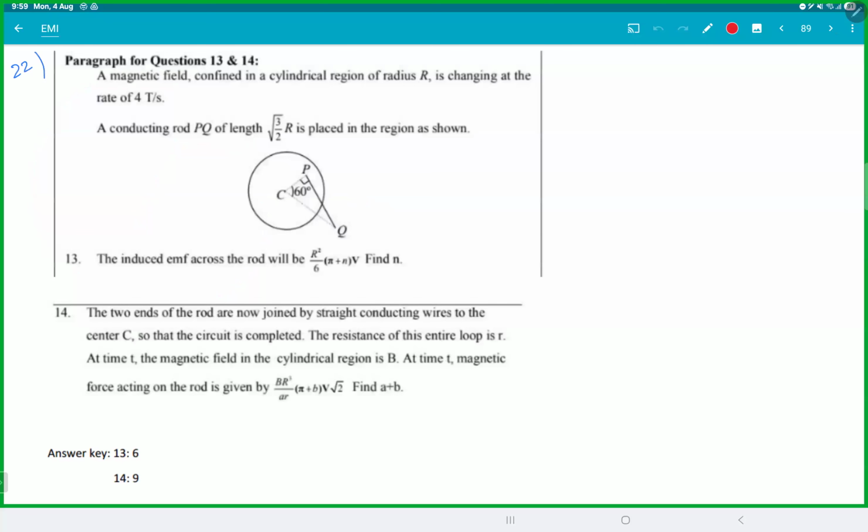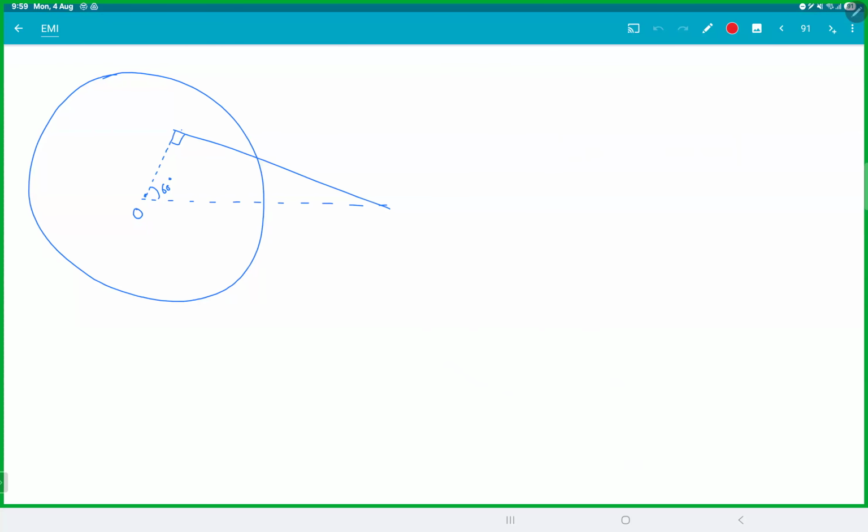Something else is also given. PQ is given as √3/2 r. And sin 60 is √3/2 r by OP. OP is r by √2. So from here, if I join this line here, this will be radius r.